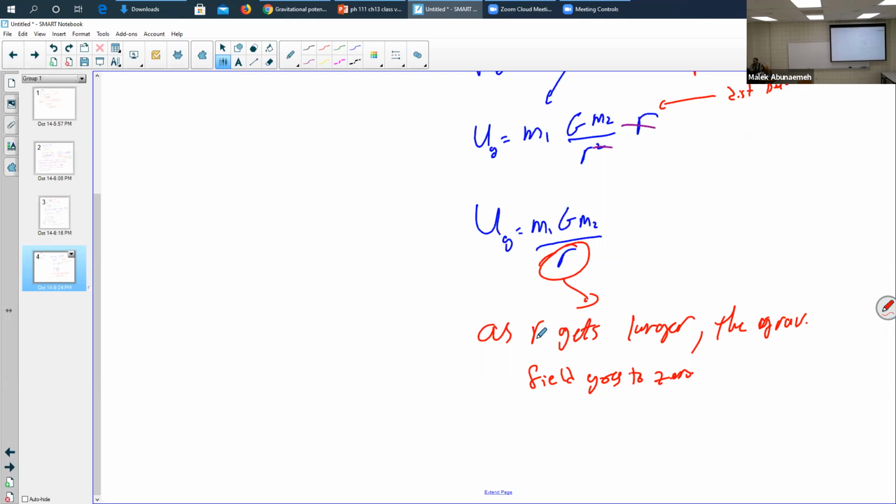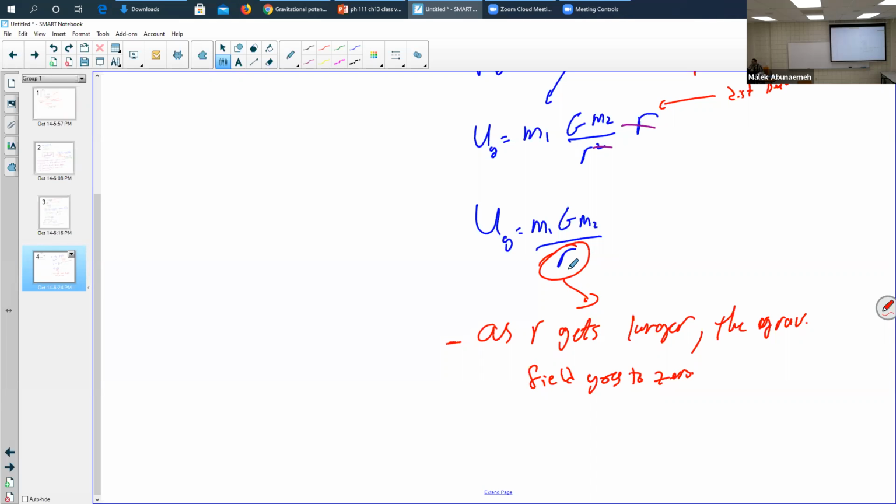But here's the thing, right? When your R comes up, that means your gravitational potential energy goes down to 0, but the further you are, you're supposed to have larger potential energy.